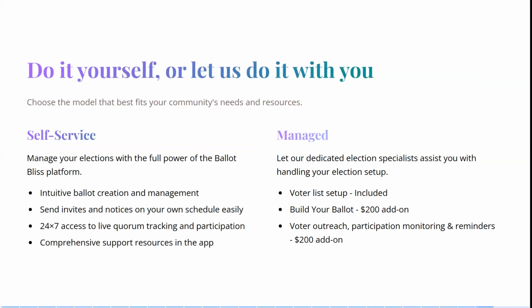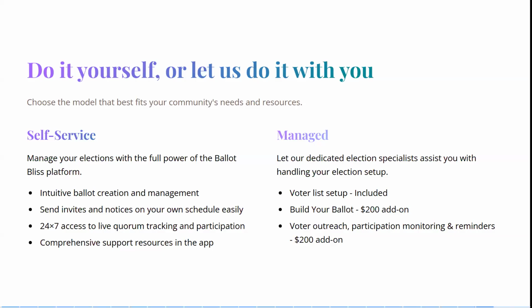In addition to the recording and everything, we offer 2 models because different communities have different needs and resources. Basically, the self-service plan gives you full access to the Ballot Bliss platform, which includes creating your own ballots, managing voters, sending those notices, tracking quorum in real time, and getting access to the end of election summary reports.